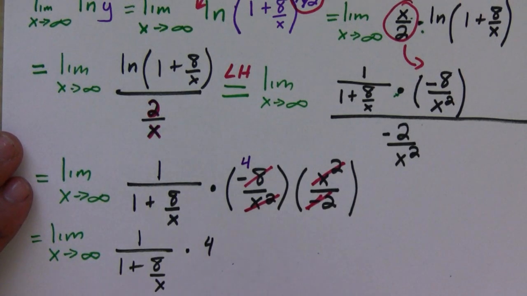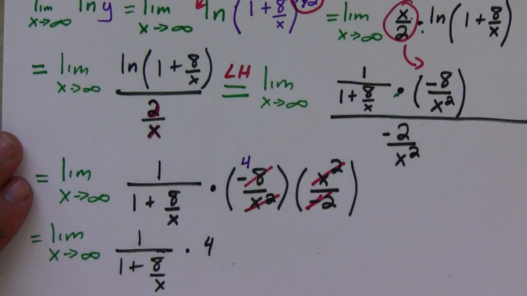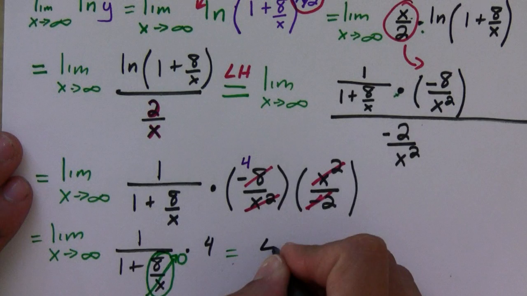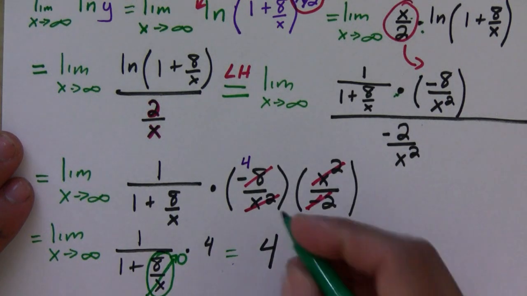Notice that what happens is this 8 over x is approaching 0. So this limit is equal to positive 4, because this whole thing is 1 and then 4. But remember that 4 isn't my answer.